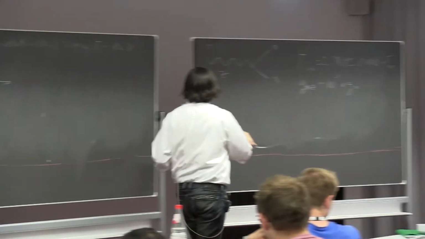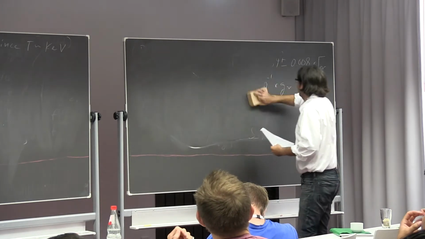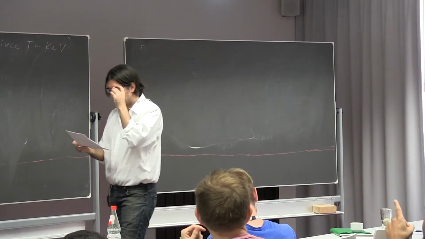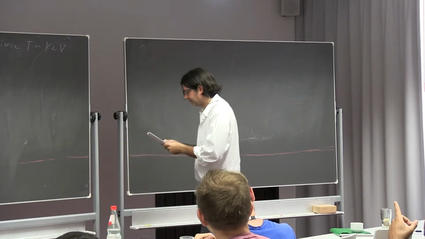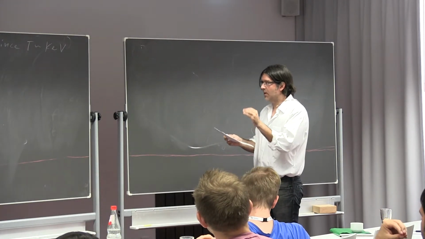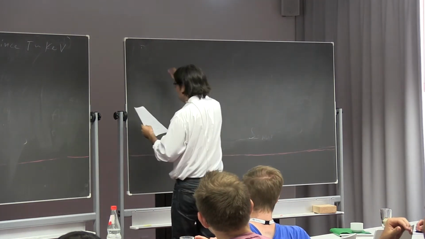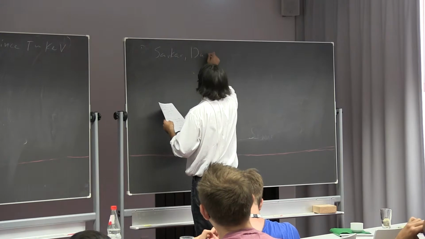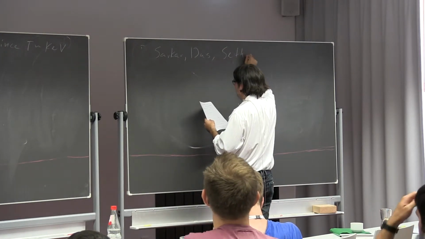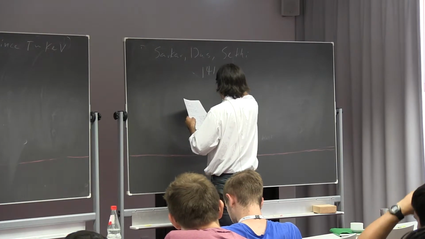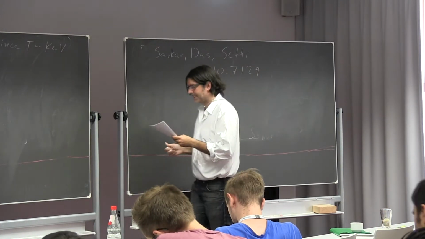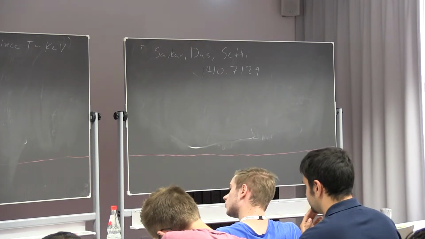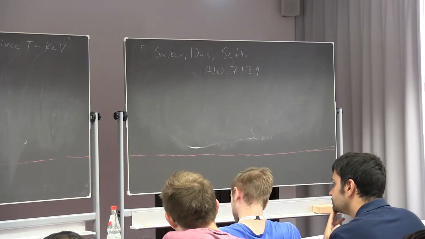You can quantify this a bit better. If you want to be very, very particular about this, there's a paper by Carr, Das, and Sethi, where they look at structures and ask, let's suppose that we have dark matter that started as just a background energy density that suddenly at some redshift converts into dark matter.